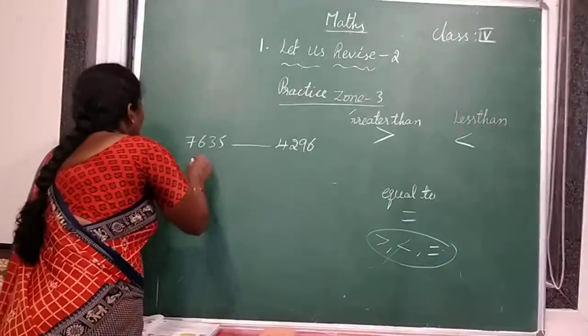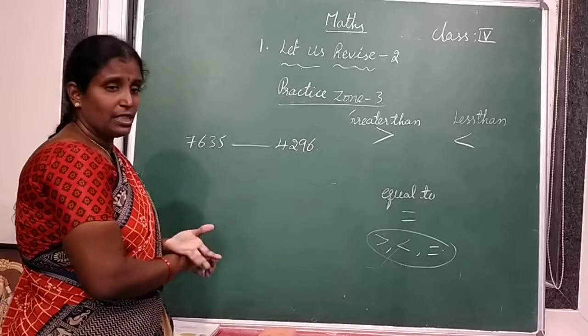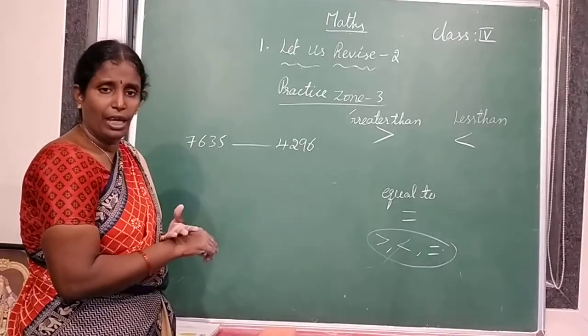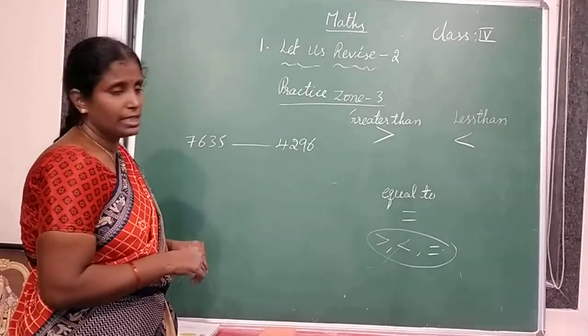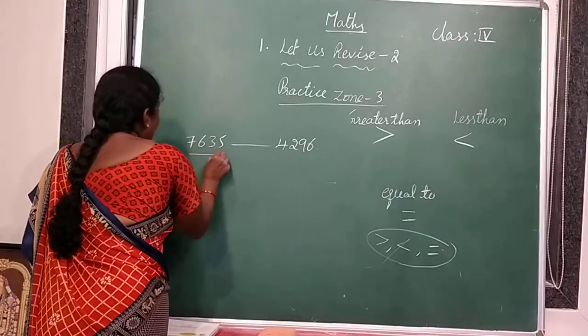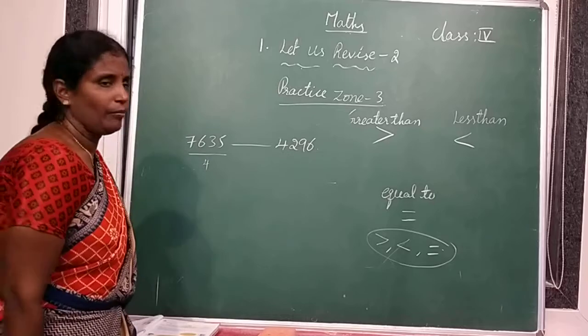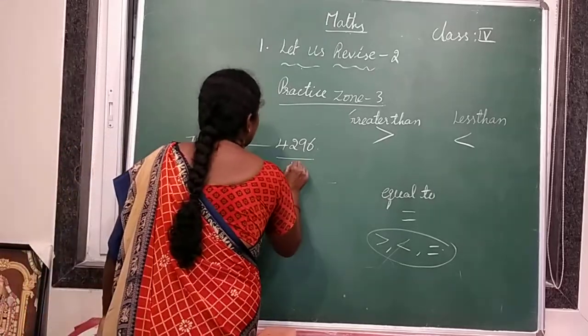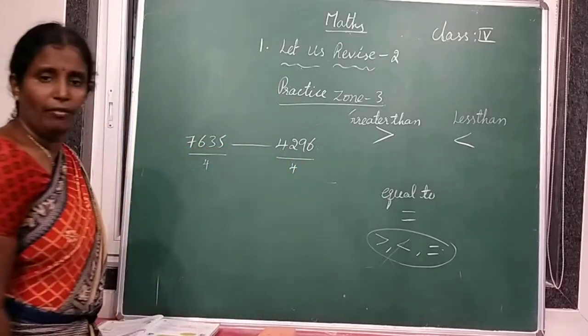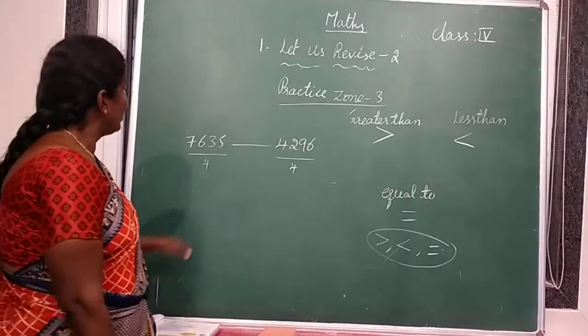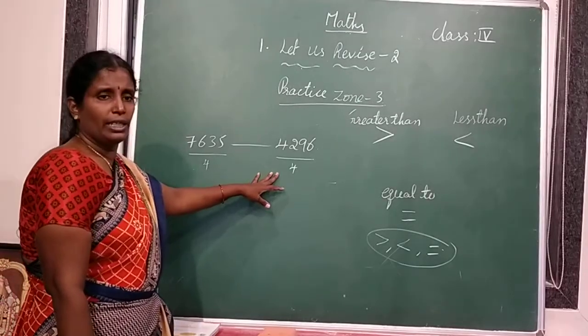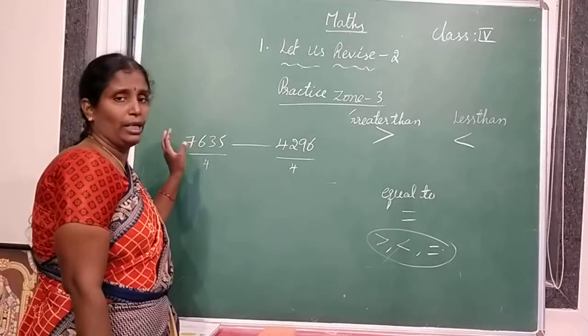So first, to compare the numbers, count the digits. If same number of digits, then we have to check the highest place value.